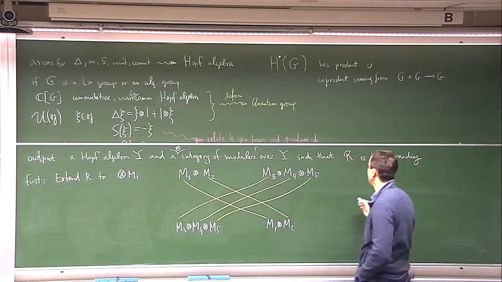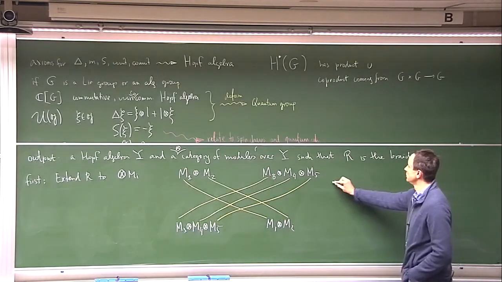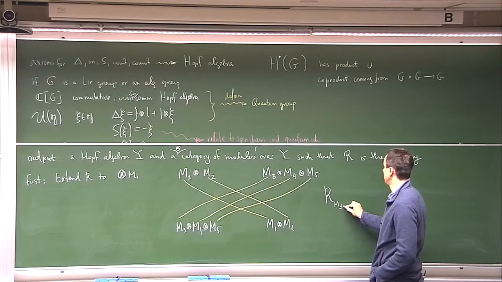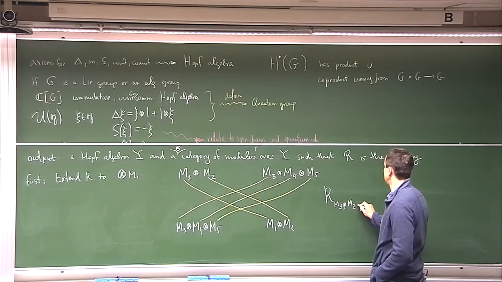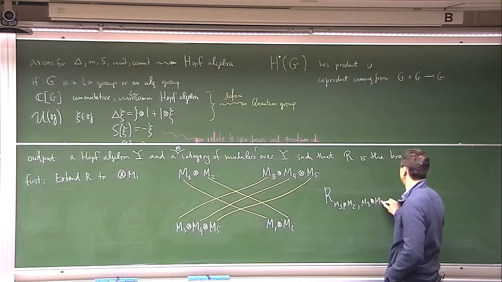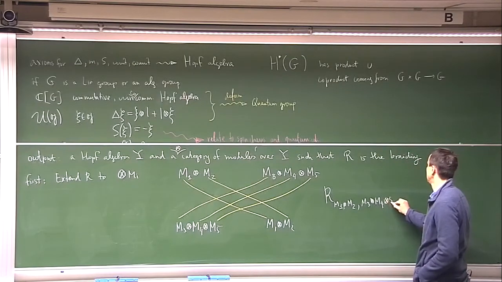In other words, my R matrix would be: I look at the R matrix on M1 tensor M2, and then I braid it with M3, M4, M5.